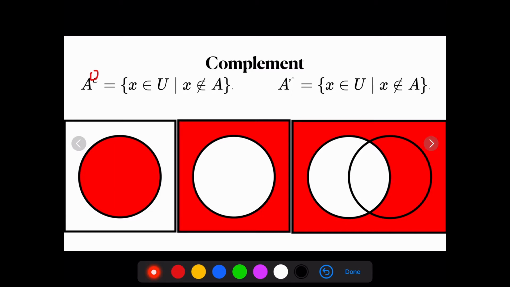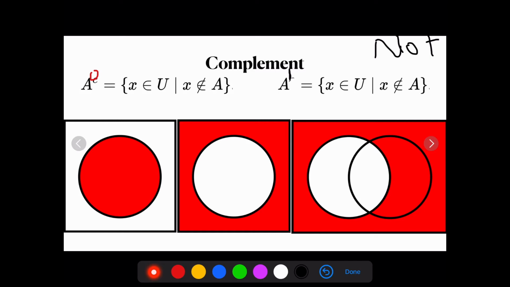And the second one is a little line up at the top there, and that's less common, but the reason I'm using it is because we're going to study logic next, and in logic that's called not.